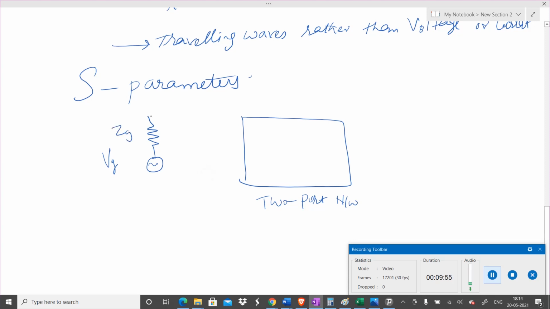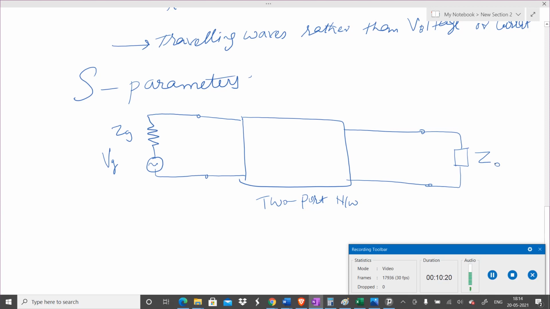And here comes the input, and input here. Similarly at the output, there will be similar intrinsic impedance associated with the load. Let's denote that by Z0.